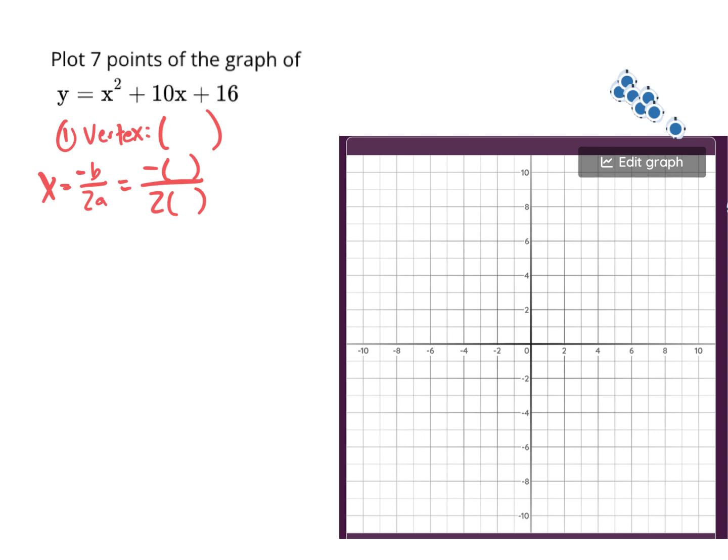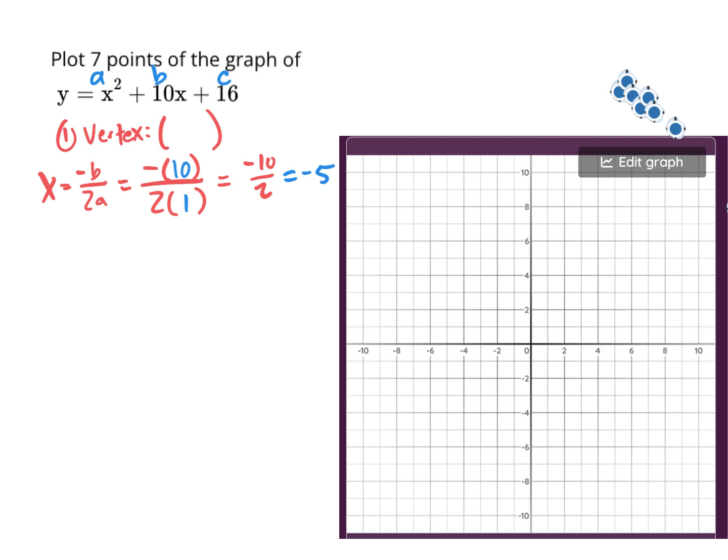And now you could actually look at your original quadratic trinomial equation and find your a value being 1, your b value being 10, and your c value you don't really care about because it's not in the formula. So let's plug in the b value of 10 and the a value of 1, and then you do the math, and you end up with negative 10 divided by 2. And negative 10 divided by 2 is really a negative 5.